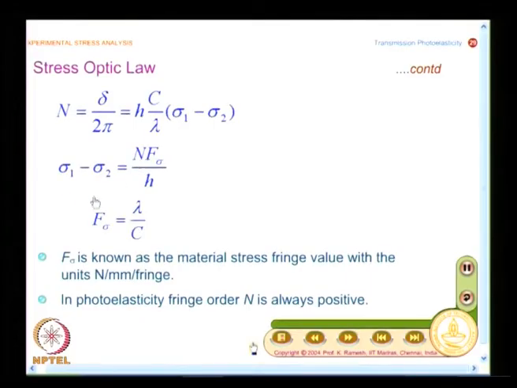So, you have to use compensation techniques. So, finding out the fringe order is an issue. So, if I have to find out the stresses, I have to know the fringe order n and the material parameter. So, what way we will proceed is, we will first see how to get the fringe order, then we will have a discussion on how to find out f sigma.